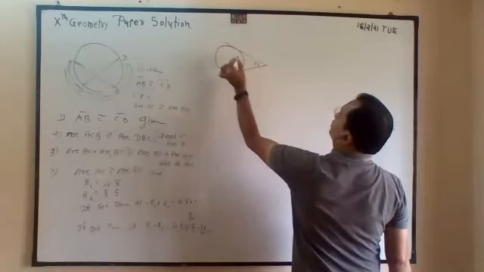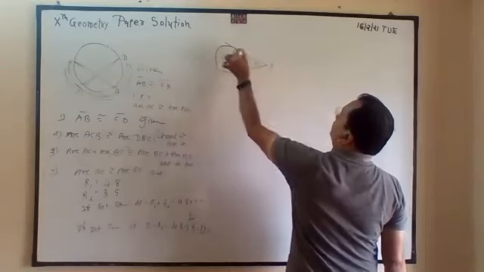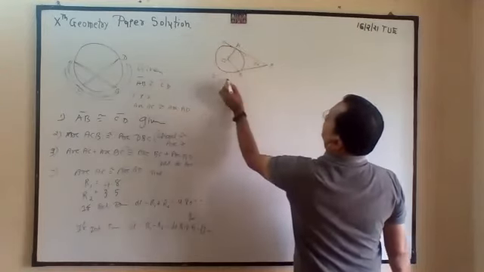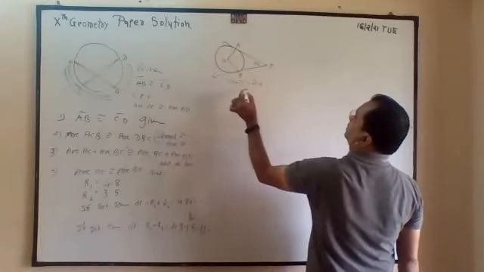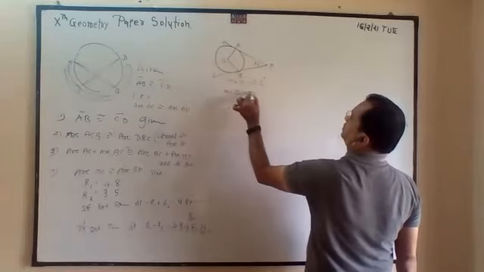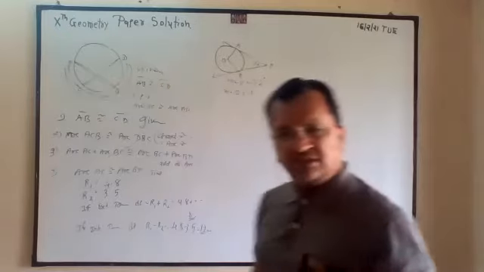It is 72 given. O, P, A, B. Measure angle P is equal to 72 degrees. Measure angle O is equal to question. This is a common question.